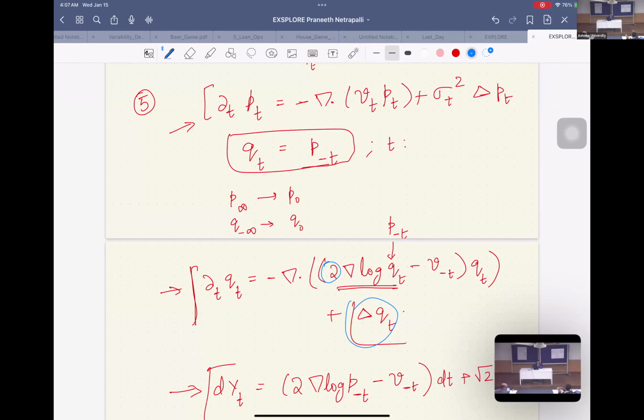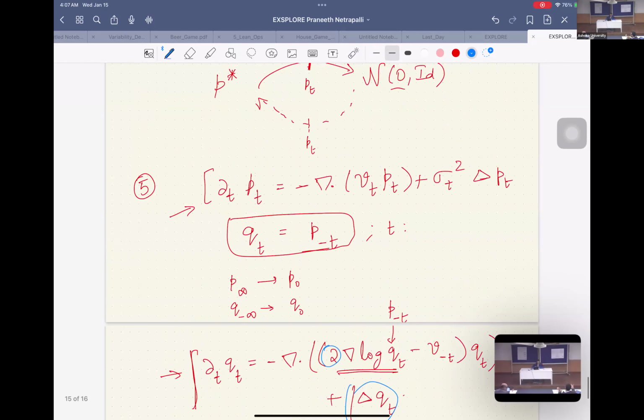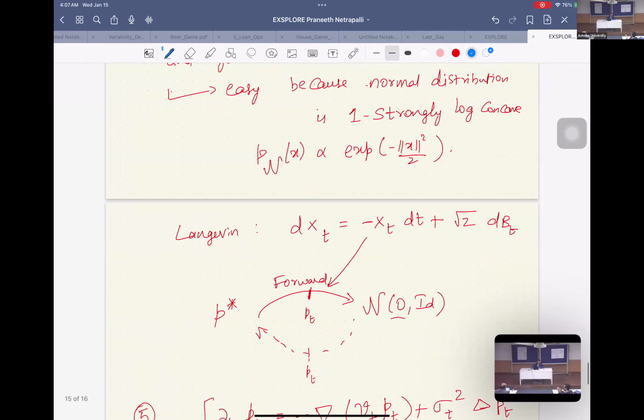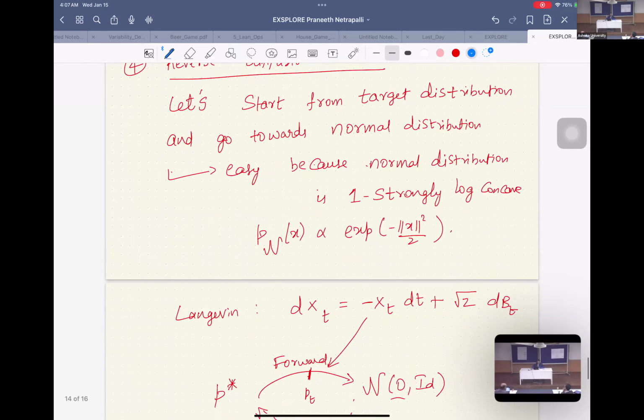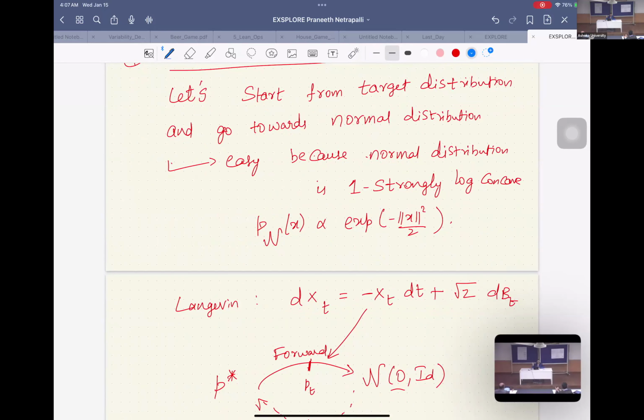Yeah, so that's exactly the thing that I wanted to say here. The forward process will converge fast only if the target is strongly log concave. If you know that your target is strongly log concave, then just doing Langevin dynamics converges very fast. But in general, your target might not be strongly log concave.